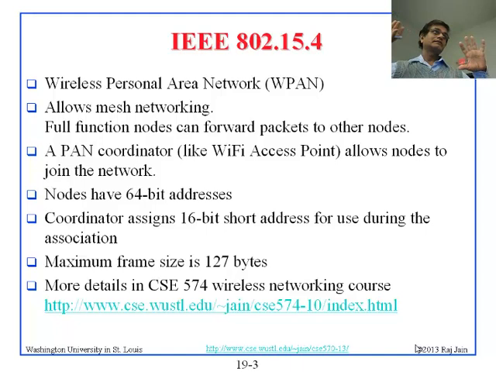This is what we call infrastructure based Wi-Fi. But if you didn't have an access point and you had two computers like this and that, and they wanted to talk to each other without the access point, that is ad hoc. Ad hoc means there is no centralized control. So if they had 4 computers, they could still talk to each other without any access point. That is ad hoc. So ad hoc means no central point of controller.